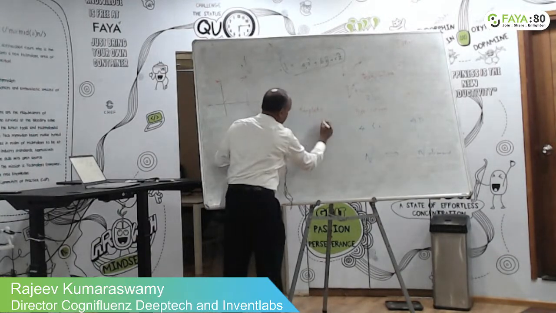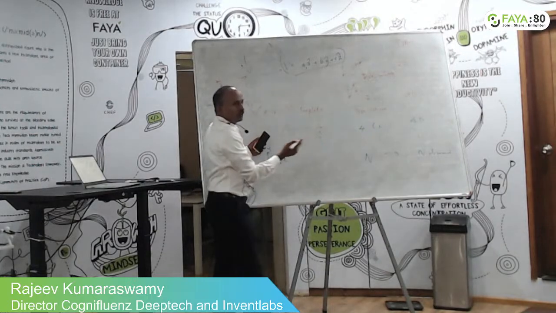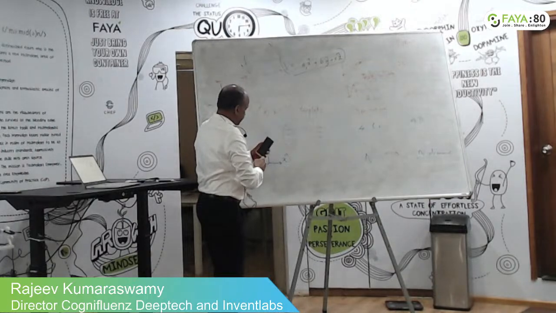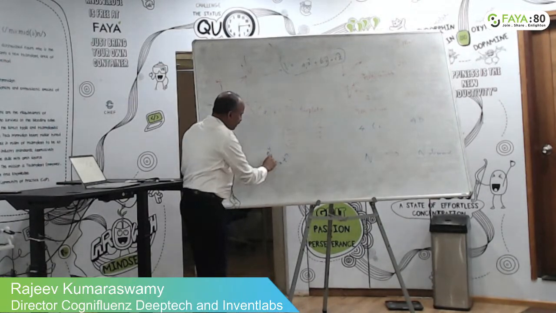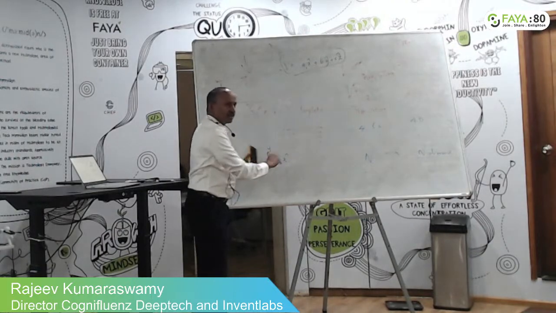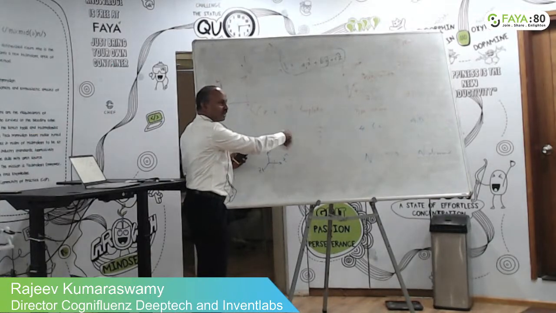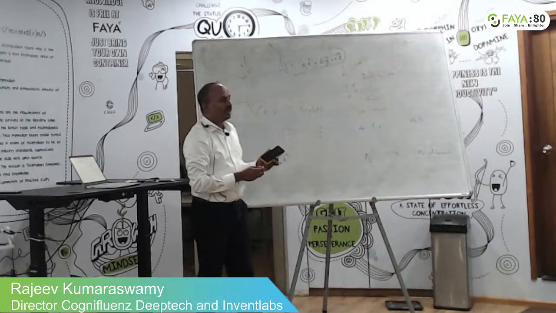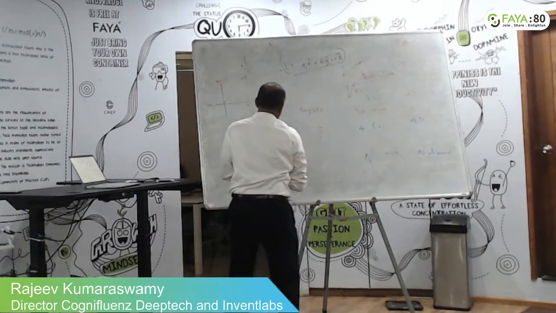In fact, this orthogonality is not required at all. Any three non-coplanar vectors you take, you can get a complete unique representation. Orthogonality gives us a very additional benefit. What is that benefit? While trying to reconstruct.